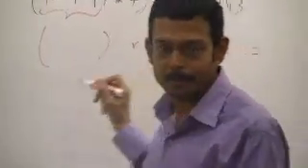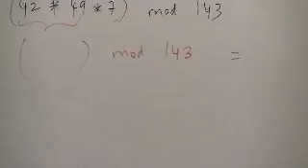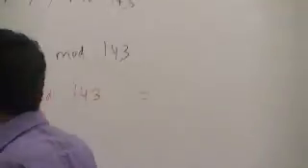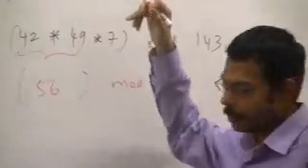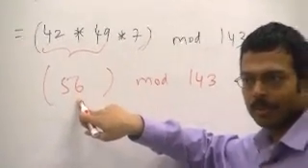That is 56. So 42 times 49 will be some larger integer, I think it's 3600 something. Mod 143, 56. Okay?